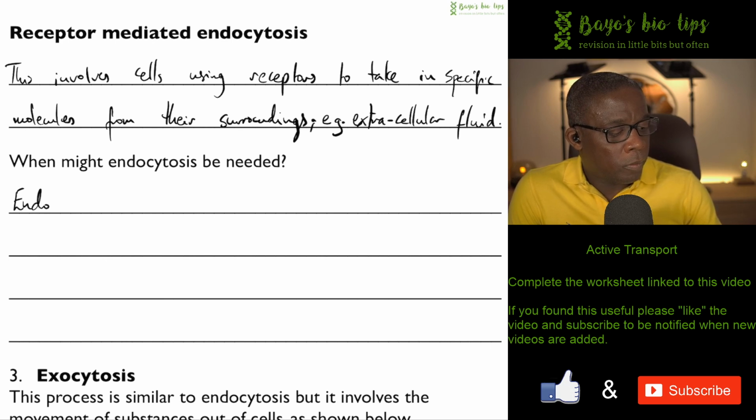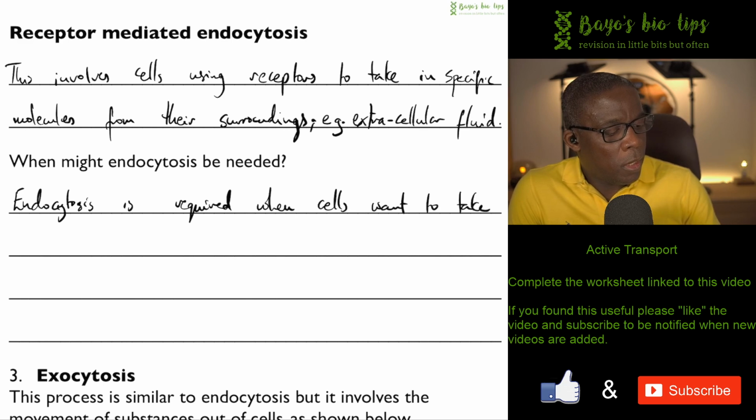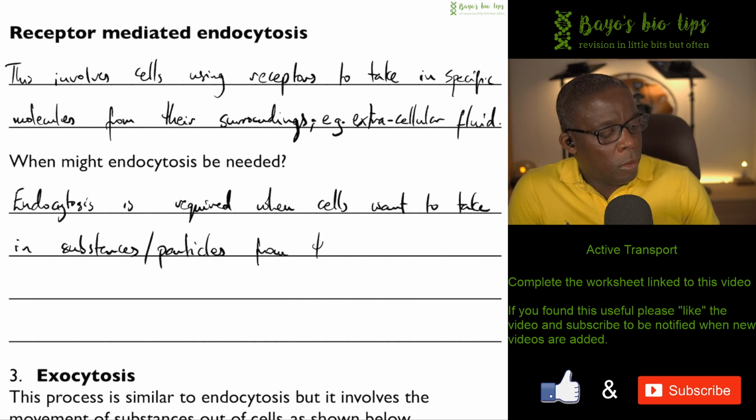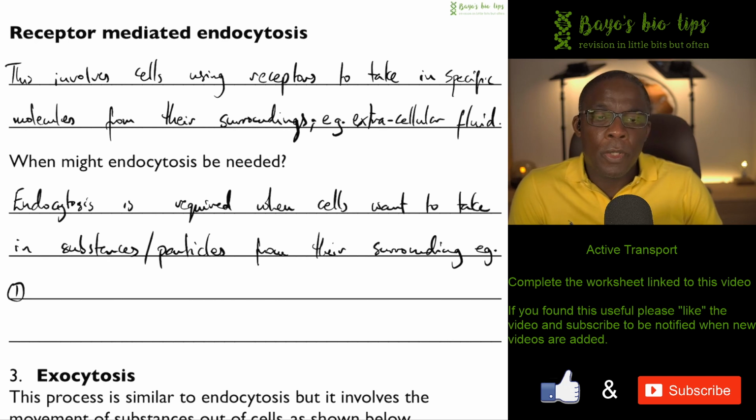Endocytosis is required when cells want to take in substances or particles from their surroundings. So let's do some examples. I've already mentioned some of these, but we might as well write them down.